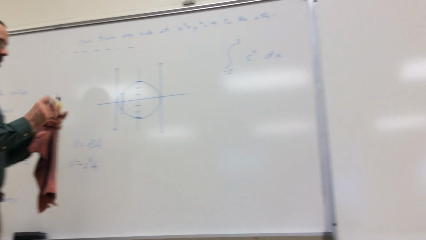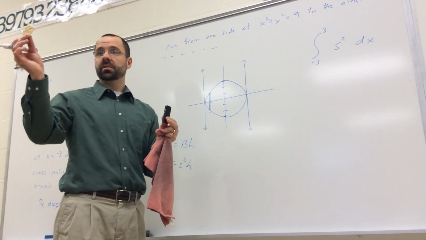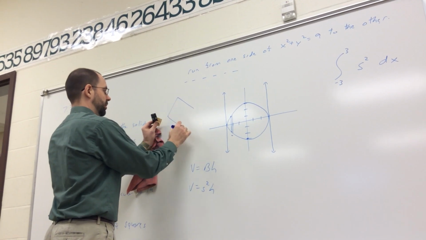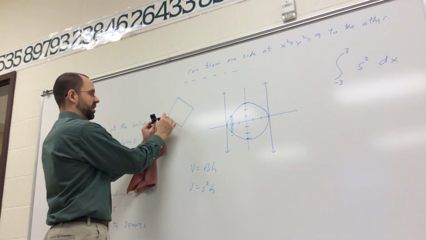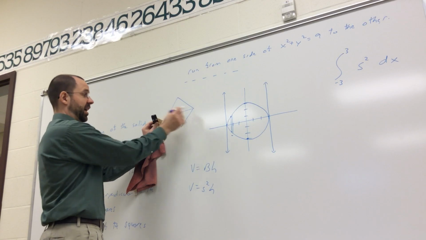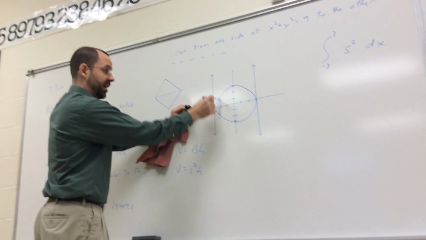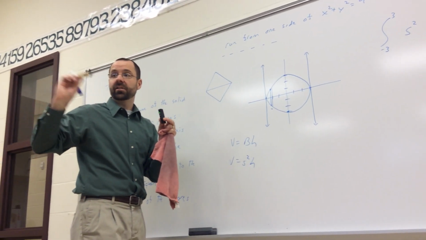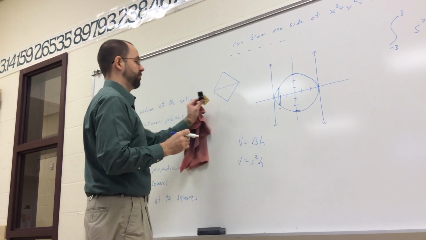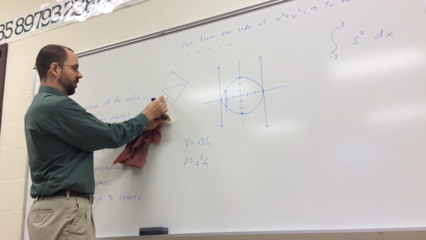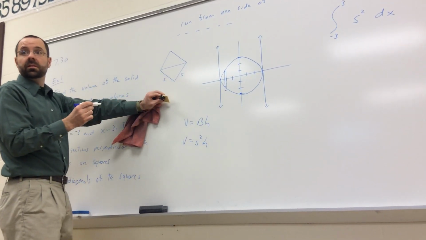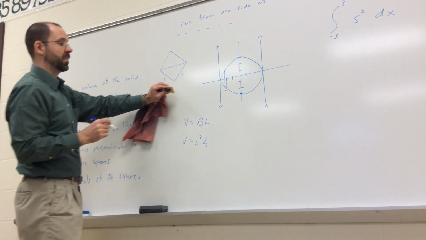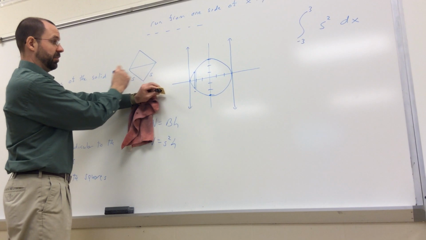Okay, so now I need to draw this. So here it is. So this line right here is the diagonal, corresponds to that line right there, the diagonal. So I'm looking for this, right? That's what I need for my formula. Okay, but I have this in my picture.